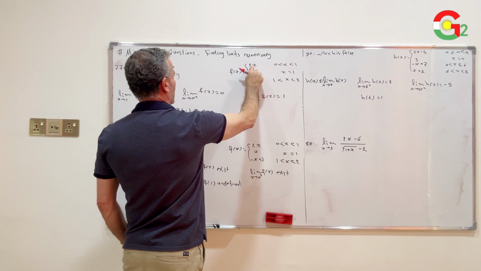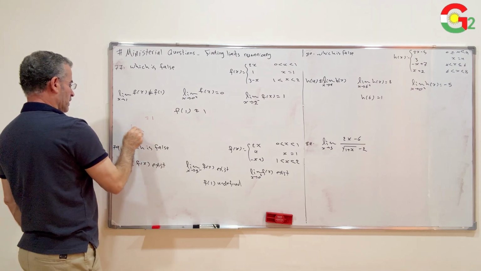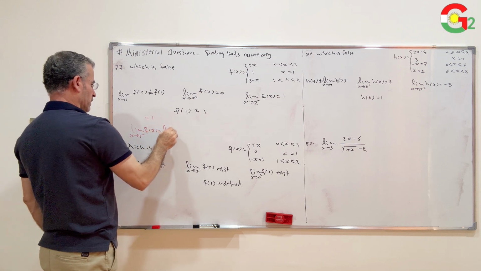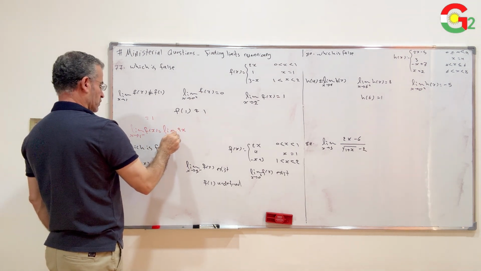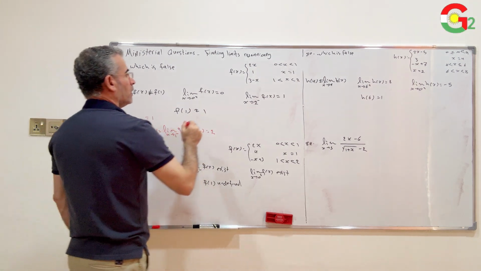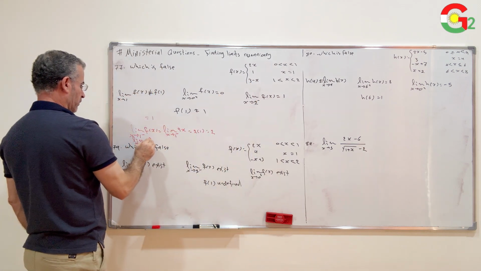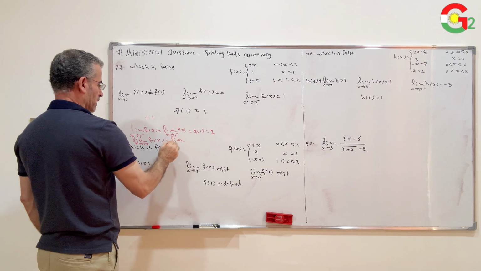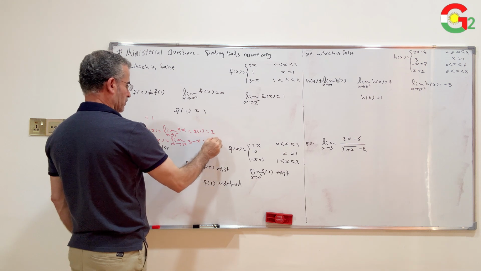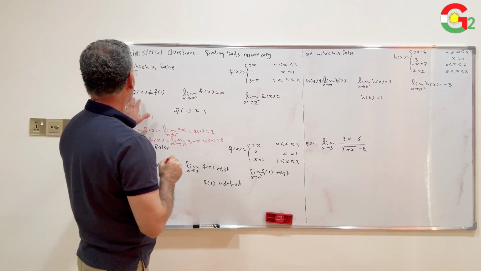From left, I substitute in this segment: the limit as x approaches 1 from left of f of x equals the limit of 2x, which is 2 times 1 equals 2. From right, the limit as x approaches 1 from right of f of x equals the limit of 3 minus x, which is 3 minus 1 equals 2. Then the limit is not equal to f of 1. It is true. It is not false.